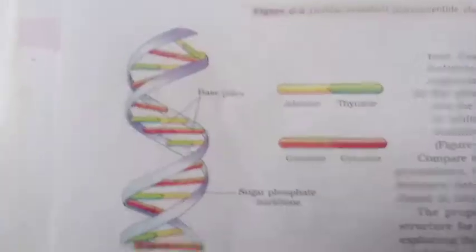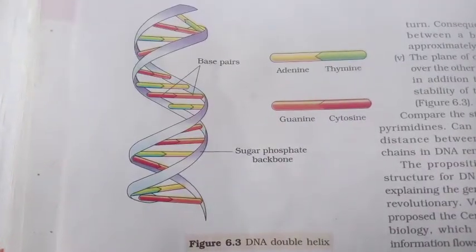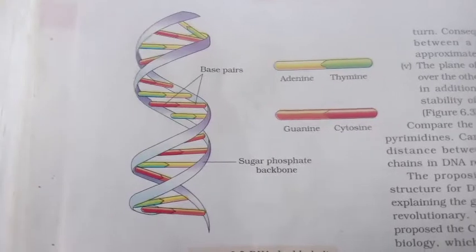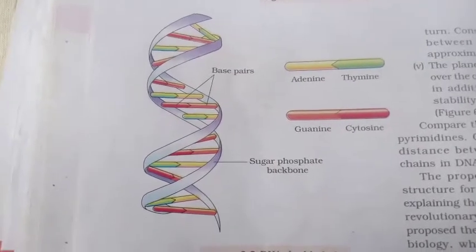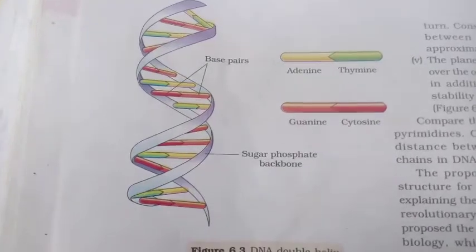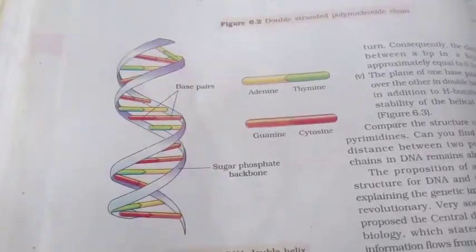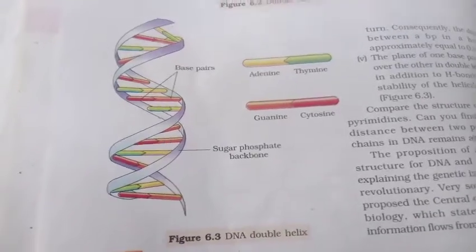As you must be knowing, DNA has a double helix structure as proposed by Watson and Crick. This was the ultimate truth about the structure of the DNA.